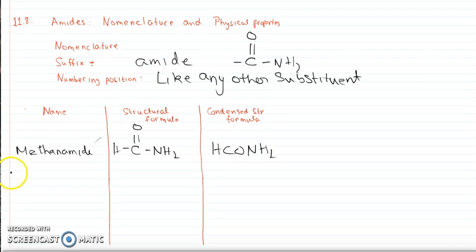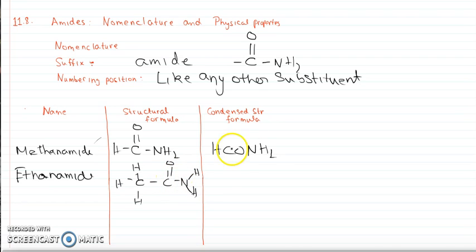The second one would be ethanamide. And that would be CH3, C double bond O, NH2. 1, 2, 3, 4. Yeah, 4 bonds. So that gives you CH3CONH2. I didn't need the bond here, so just ignore that.